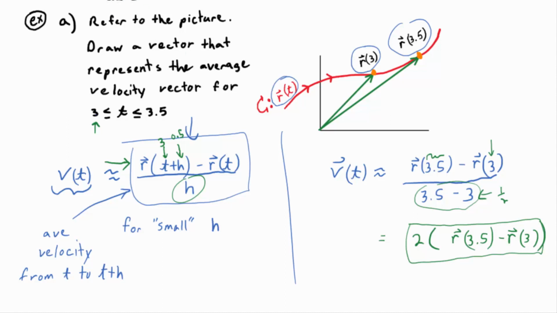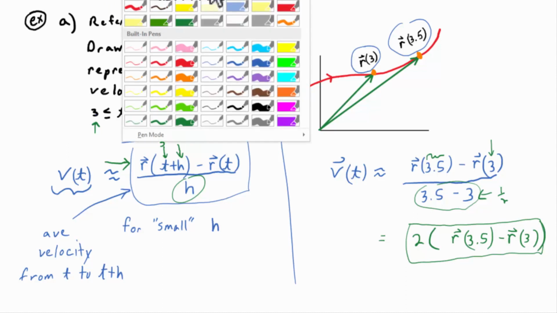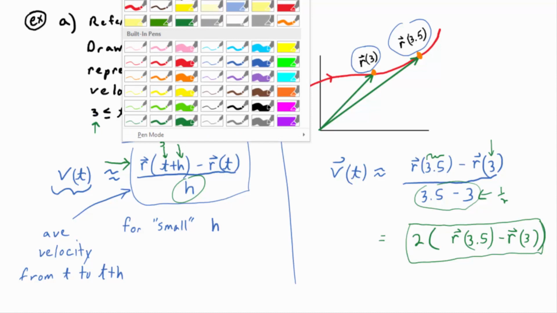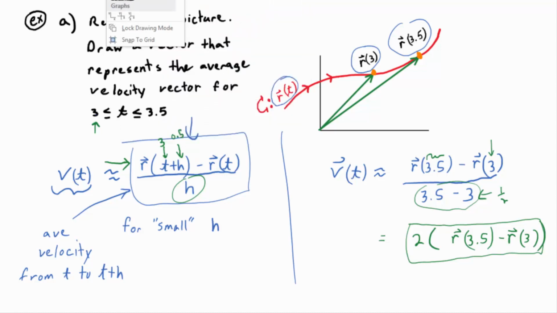Because I know, let me use purple. Would everybody agree that the original numerator, let me make that thicker, does that show up okay? Let me make that a little thicker.